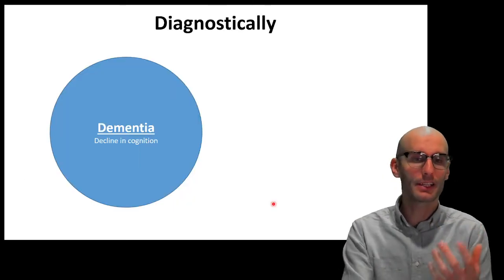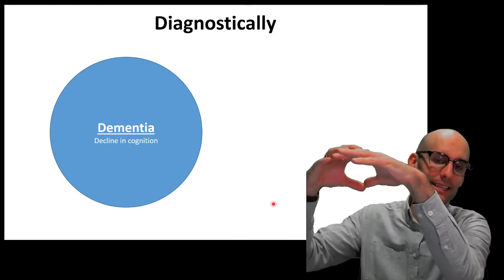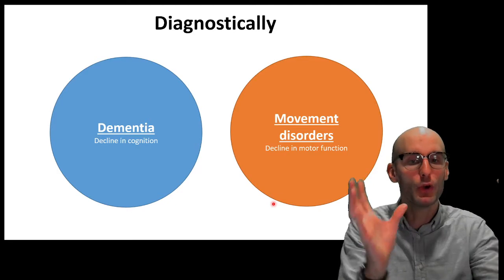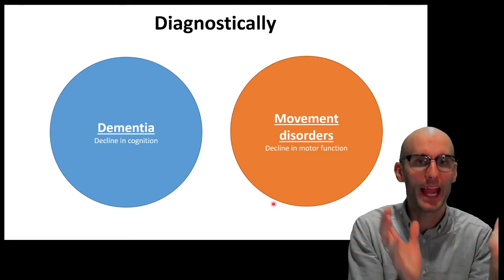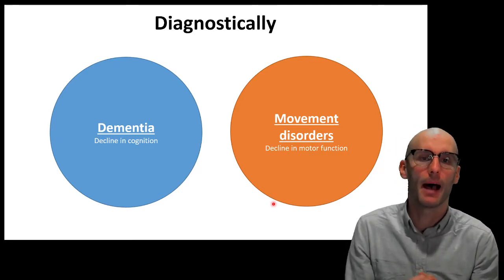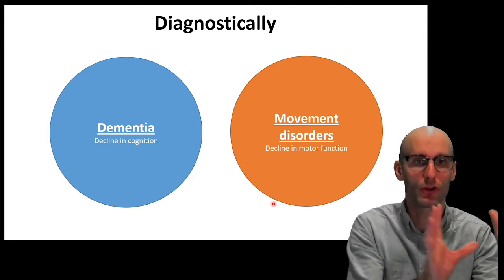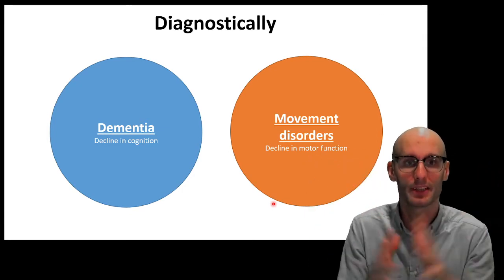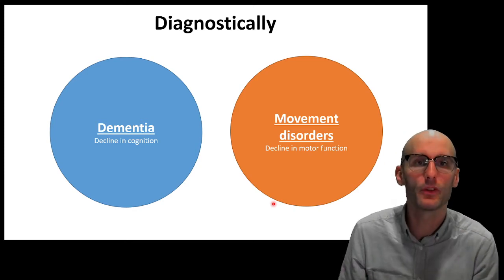So diagnostically, we consider dementia as one group, and we consider movement disorders, progressive age-related movement disorders, as a different group. They're diagnostically very separate. Two famous movement disorders.